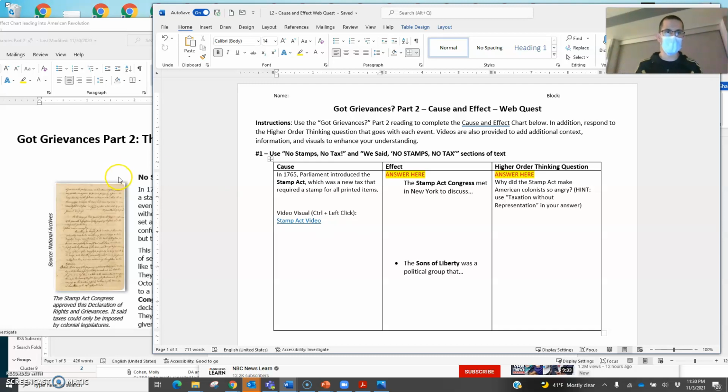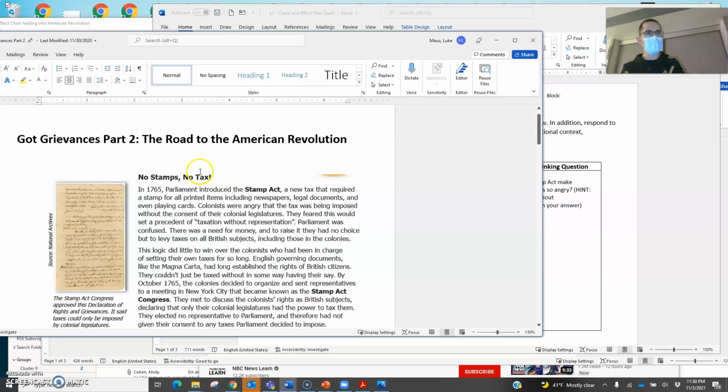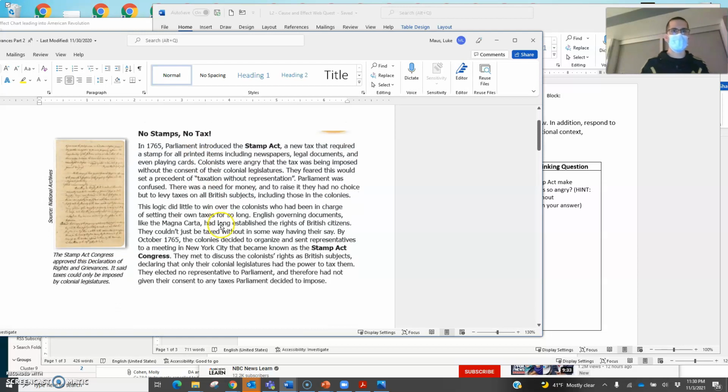So let's begin. We're going to read that together. No stamps, no tax. In 1765, Parliament introduced the Stamp Act, a new tax that required a stamp for all printed items, including newspapers, legal documents, and even playing cards. Colonists were angry. American colonists were angry that the tax was being imposed without the consent of the colonial legislatures.